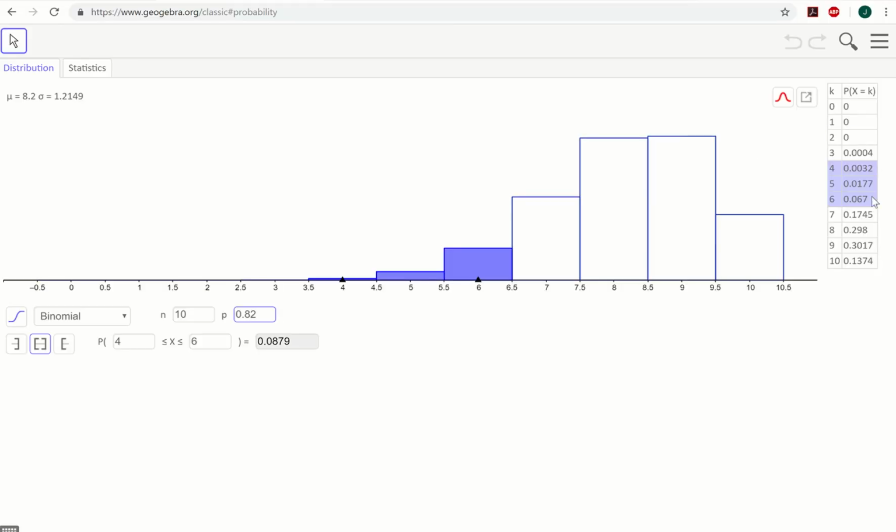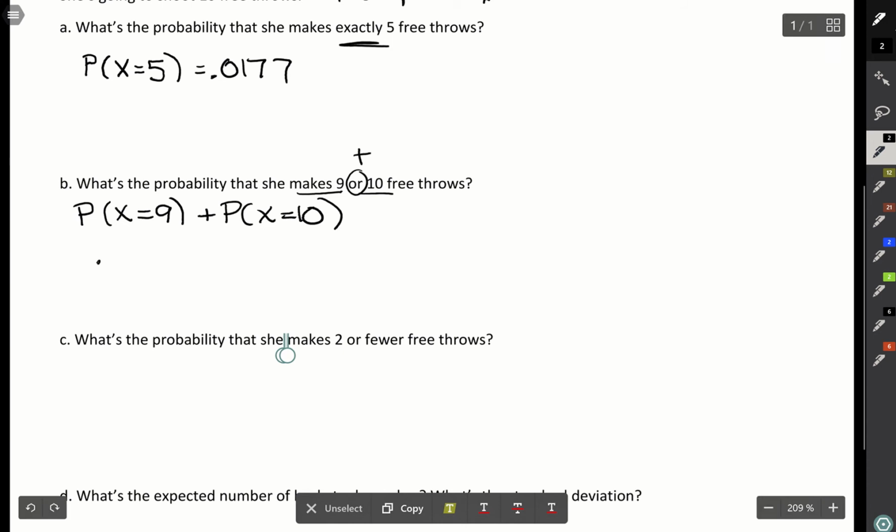So in GeoGebra, we can grab those two probabilities, 0.3017 and 0.1374, and then just adding those probabilities together gives you this probability of OR, which is 0.4391.